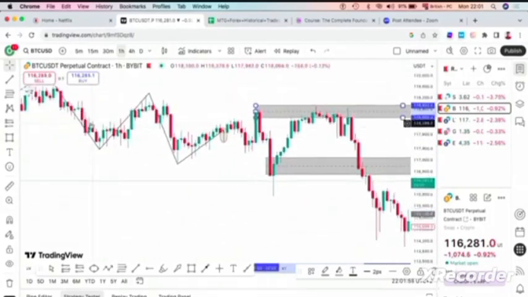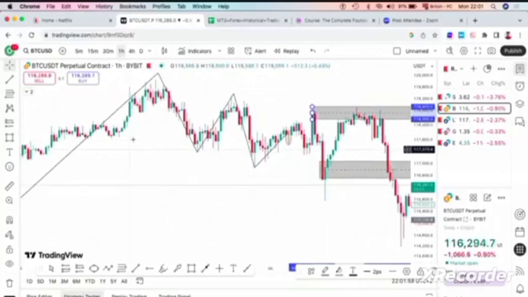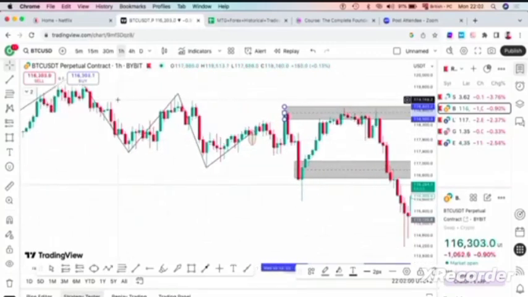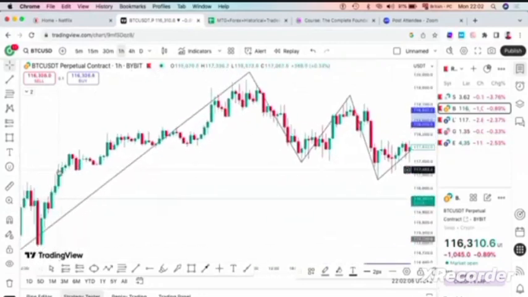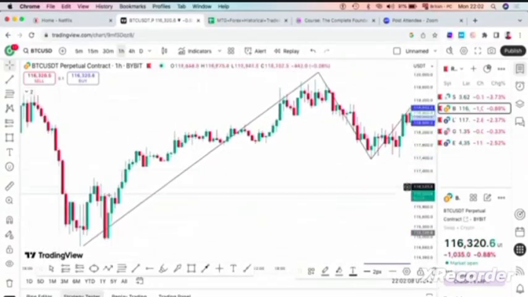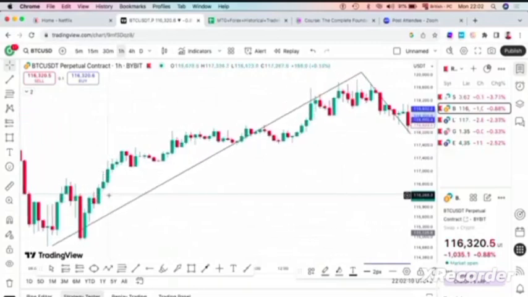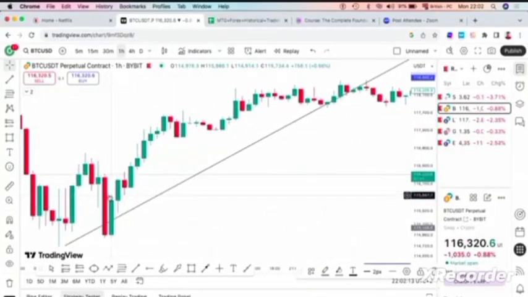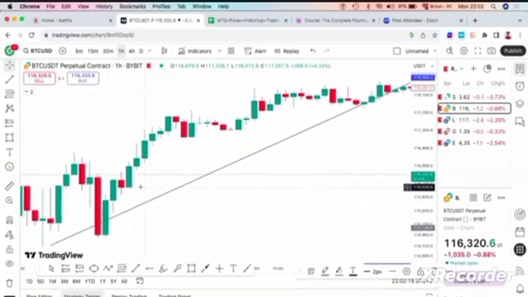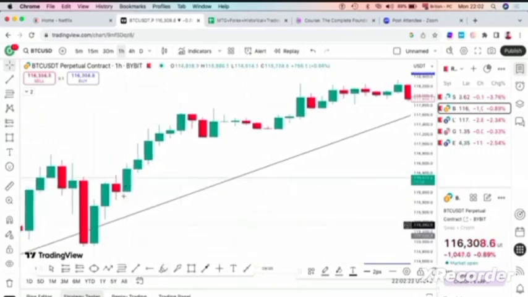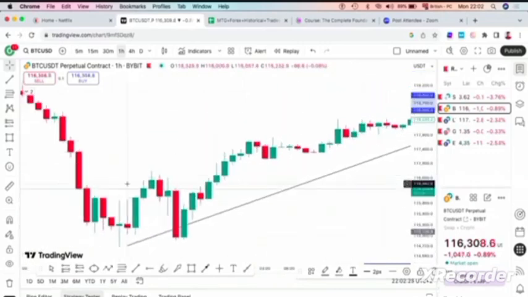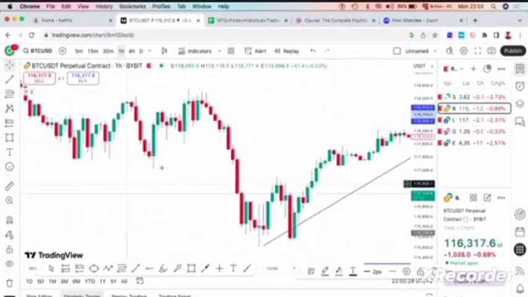A perfect example for a bullish engulfing would be this. This is actually not a real bullish engulfing. Let's see if you can see something better. Okay, yeah, absolutely, this is it.